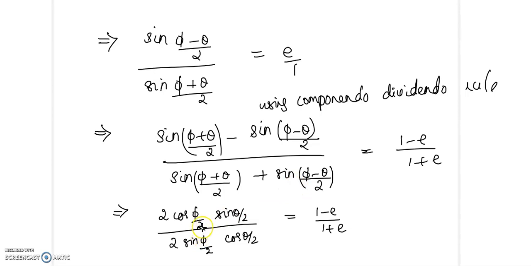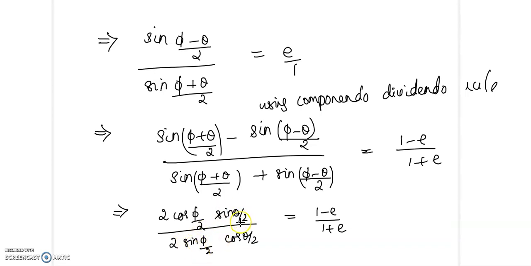So when you simplify the numerator, you will get 2 cos(α/2) sin(θ/2), and the denominator becomes 2 sin(α/2) cos(θ/2). So the 2 will cancel off.